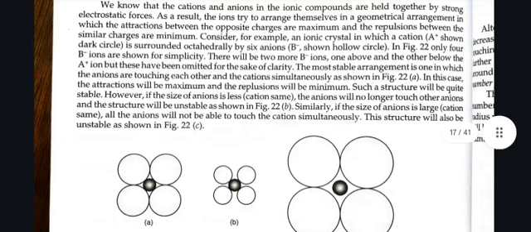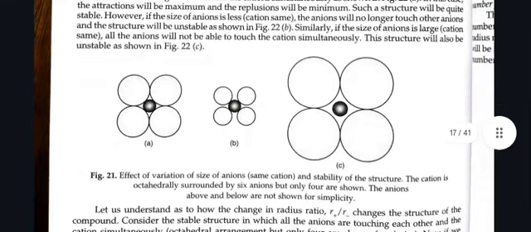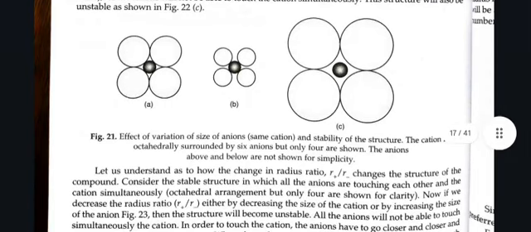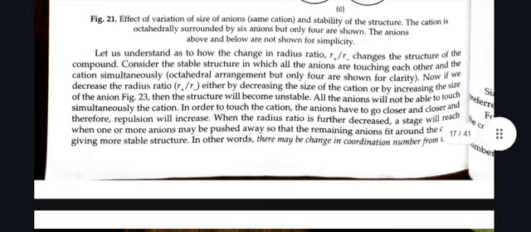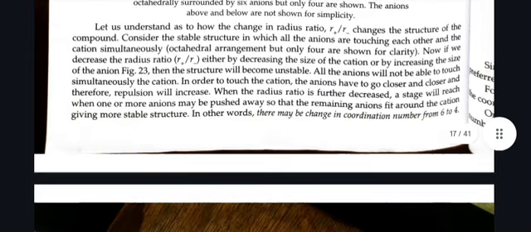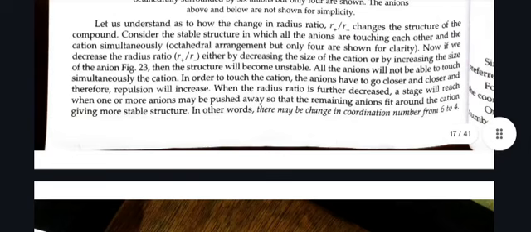Let us understand how a change in the radius ratio, r positive upon r negative, changes the structure of the compound. Consider the stable structure in which all the anions are touching each other and the cation simultaneously, an octahedral arrangement, but only 4 are shown for clarity. Now if we decrease the radius ratio, either by decreasing the size of the cation or by increasing the size of the anion, then the structure will become unstable.